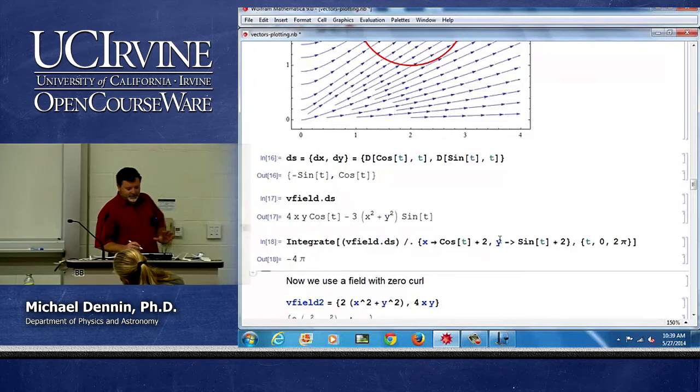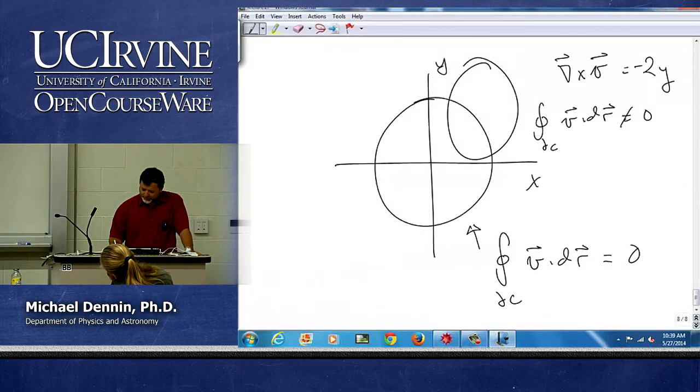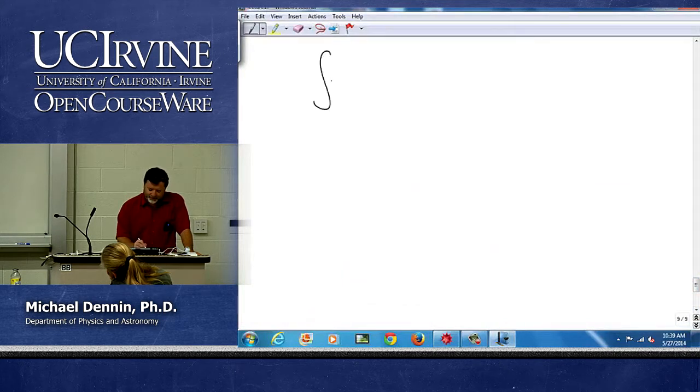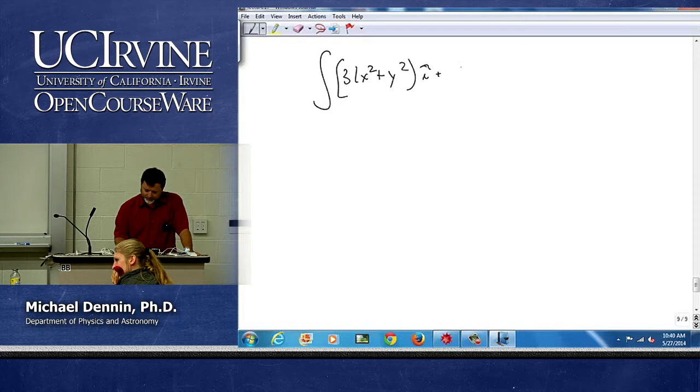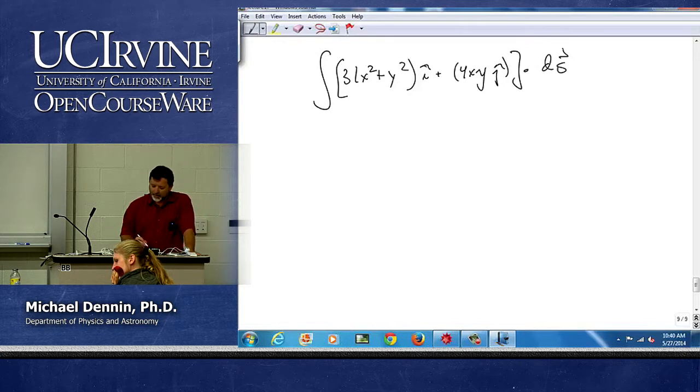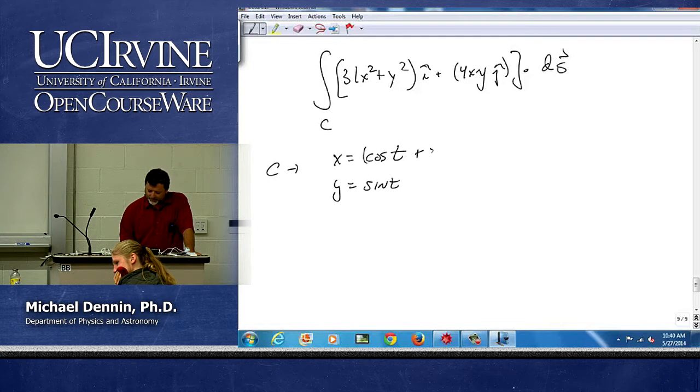So keep in mind, let's just write it out for you so you can see what we did. If I have the integral, that's the integral I wanted to do. And I had my curve that I'm integrating it over, parameterized by x equals cosine t, y equals sine t, in this case plus 2 to shift it. Okay.